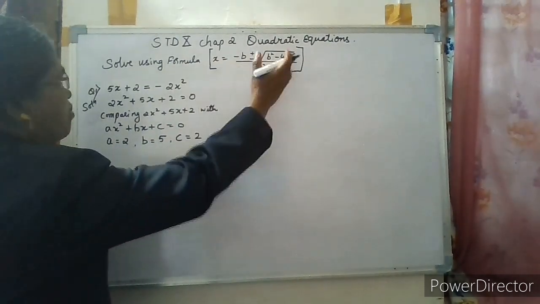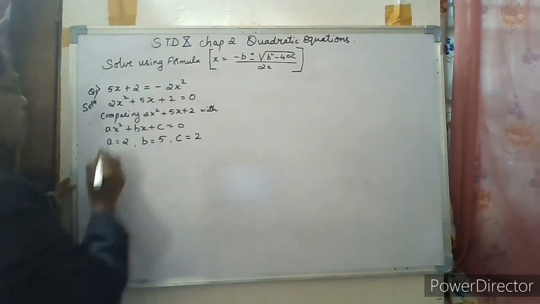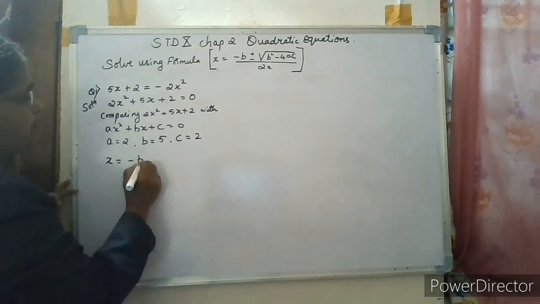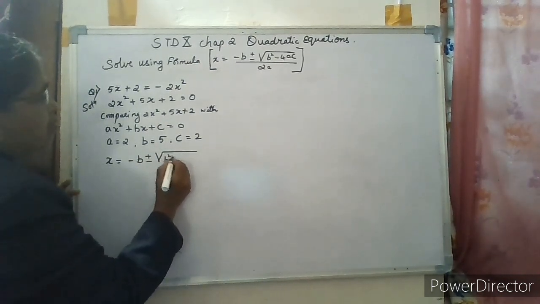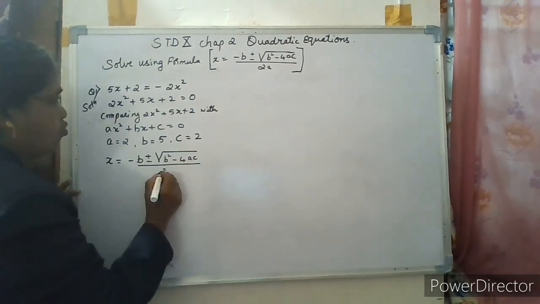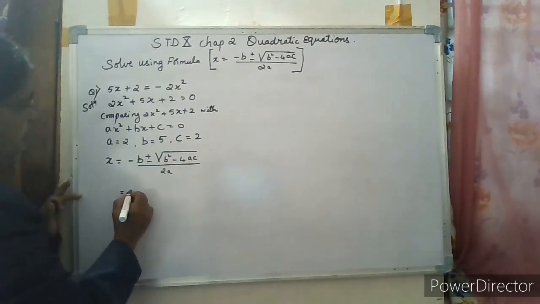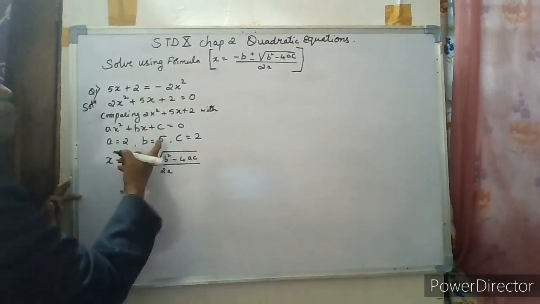So we can substitute all these values in the formula. So write the formula first. x is equal to minus b plus or minus root of b squared minus 4ac upon 2a. So x is equal to minus b. B value, put in a bracket, b value is 5.